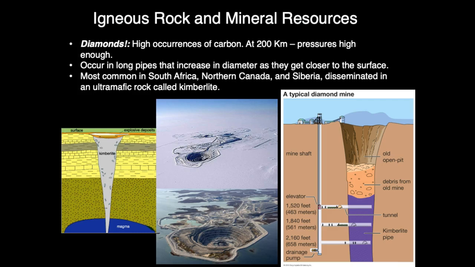And the rock that usually contains them is of ultramafic nature. The specific rock that contains these diamonds in a disseminated way is called kimberlite, so you may have heard of it. The rock name comes from a place in South Africa, which is where I think they were first found.